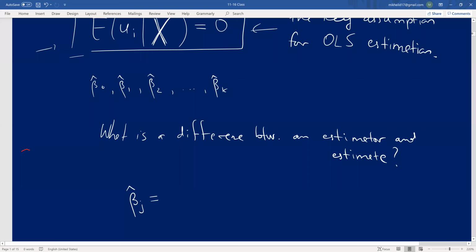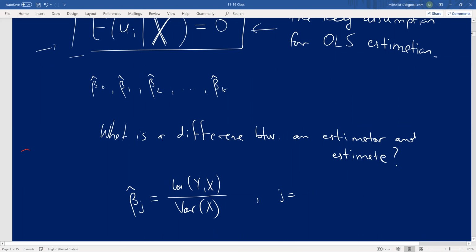Let's say you have only one independent variable and clearly one dependent, then you know that this is the covariance between y and x divided by the variance of x.